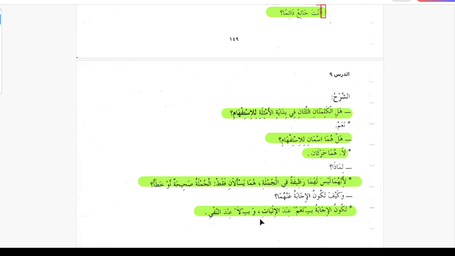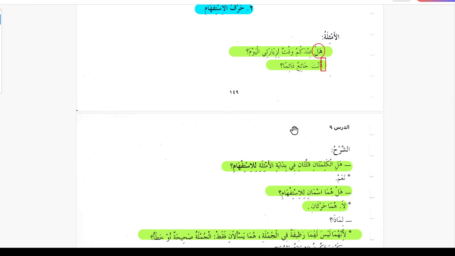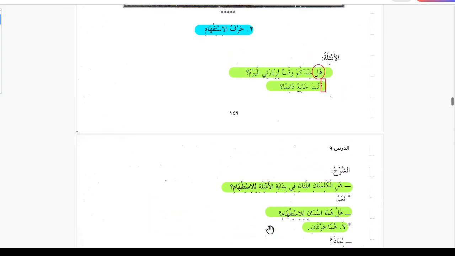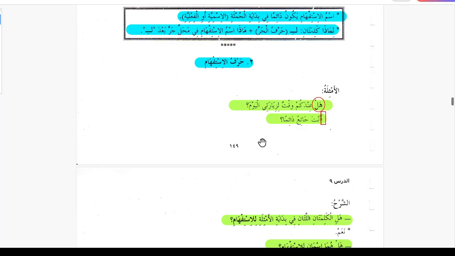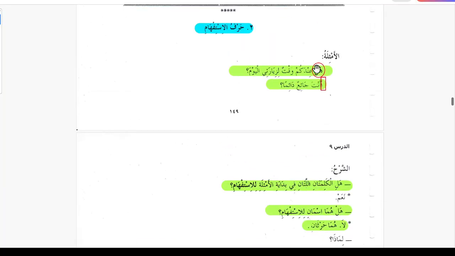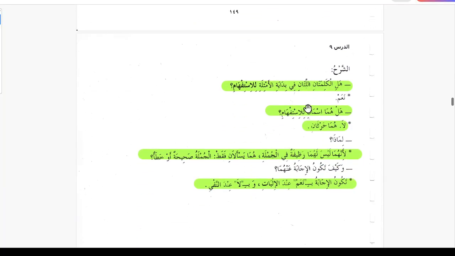So the answer is going to be affirmation or negation. Like if you ask, hal indakum waqtun li ziyarati al yawma, do you have time to visit me today? The answer could be yes or no. Anta jayun daiman, are you always hungry? The answer could be yes or no. So this is what I mean: the haruful istifham are used when the questions are yes or no, and that is why they don't have any function in those sentences.